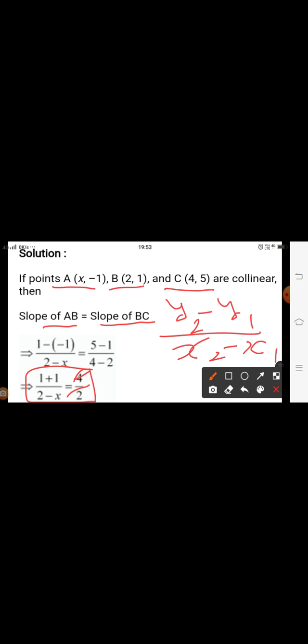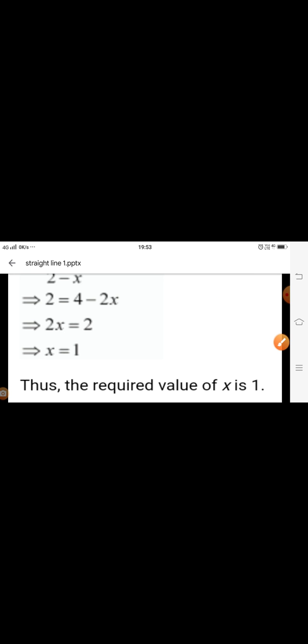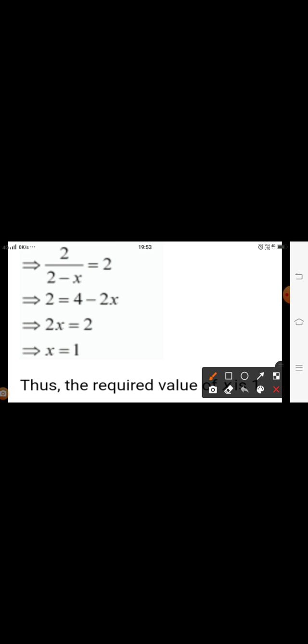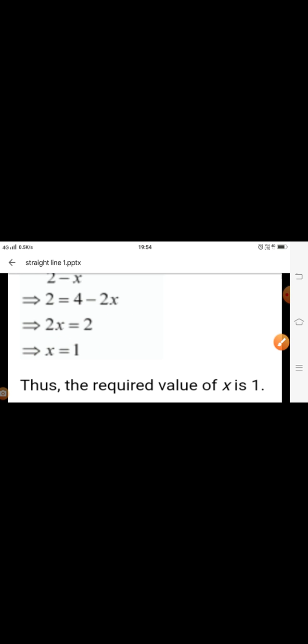Then on solving this, we get 2/(2 - x) = 2. Then on solving we get 4 - 2x = 2, so the value of x is 1. This is the required value of x.